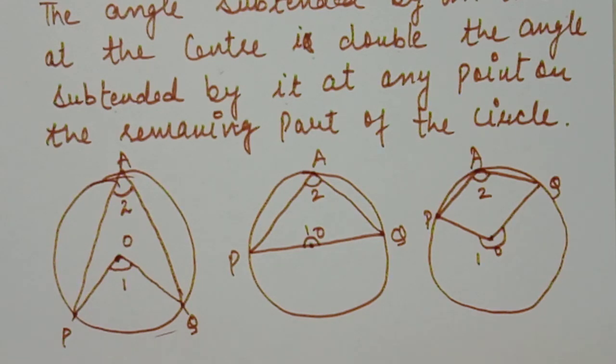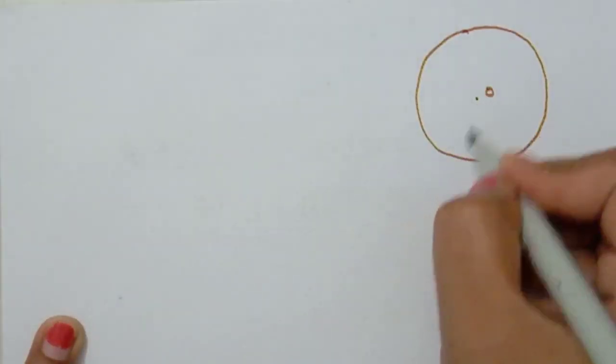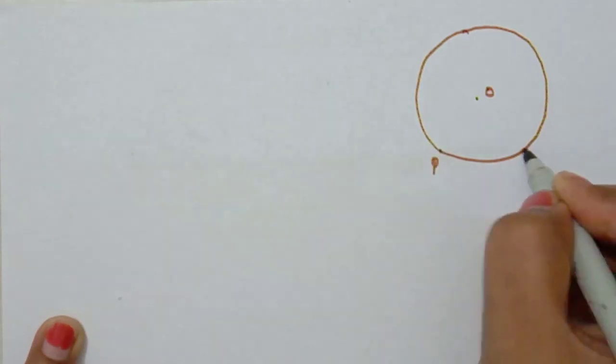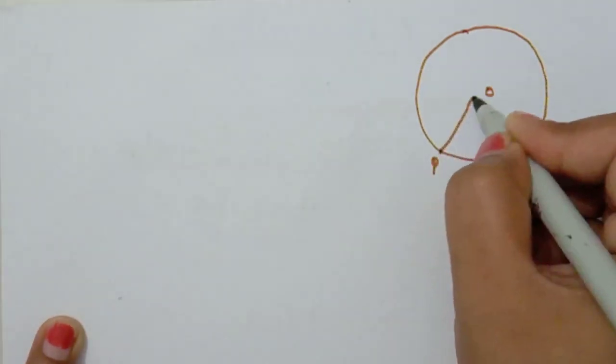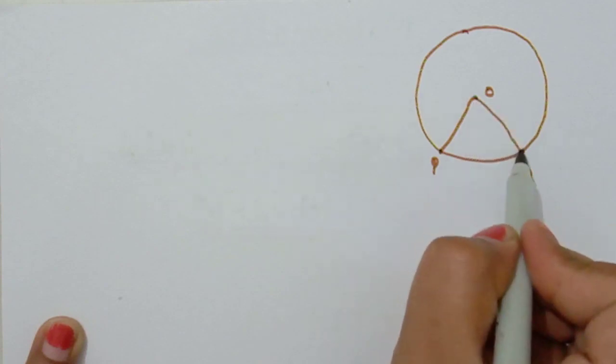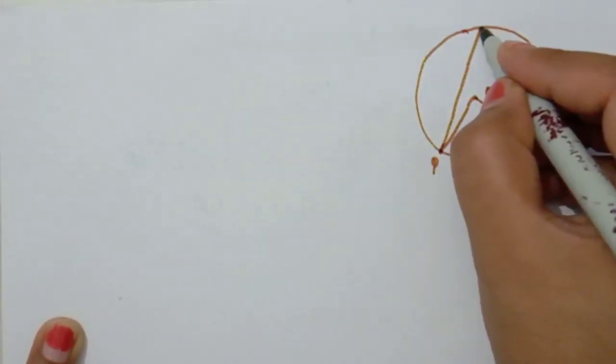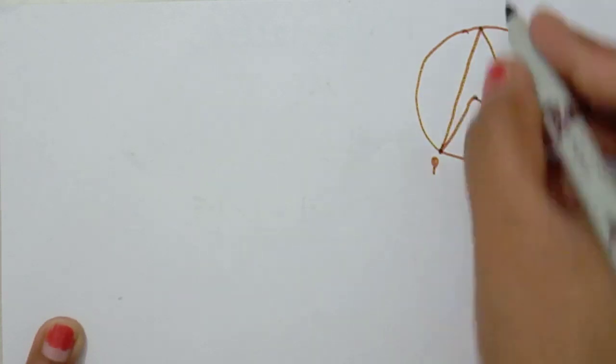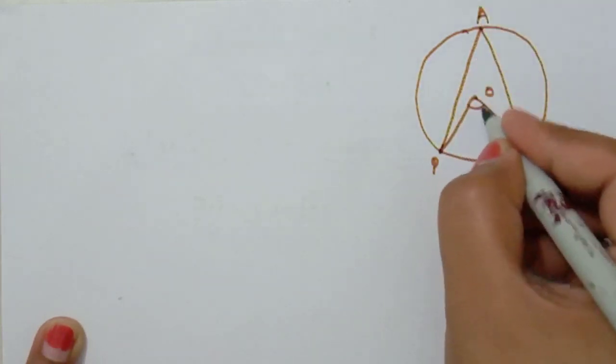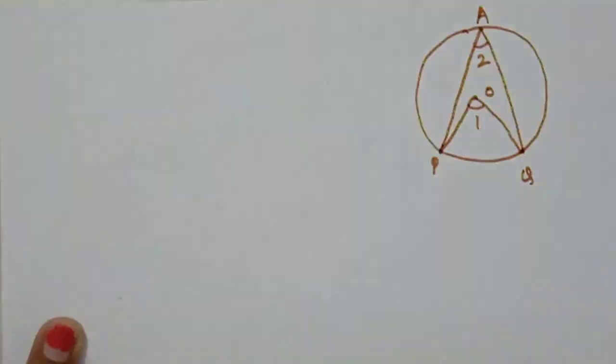Okay, so we will start our proof of the theorem with the help of the first diagram. This is center O, points P and Q. This is your angle at the center, and this is your angle at the remaining part, which is A. This is angle 1 and this is angle 2.